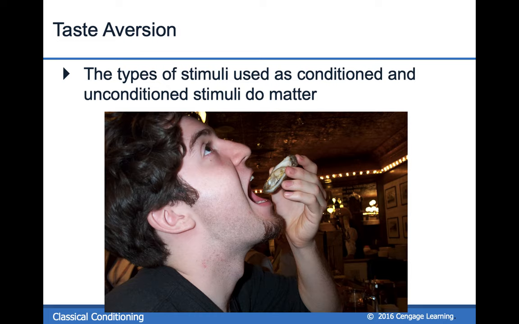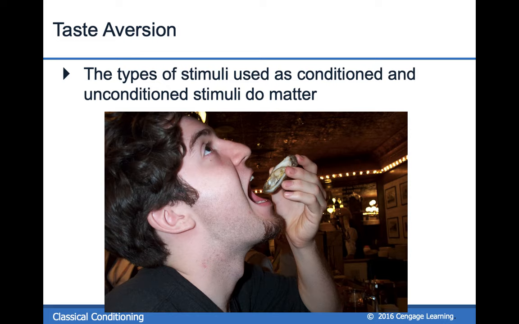This response, a conditioned response, can actually happen to us in one trial, and this occurs when we have what's called a taste aversion based off a negative experience. So, for an example, say you've never had oysters before, like you see in the picture, and you go out and have oysters, and then later that night you get really sick and you end up throwing up.